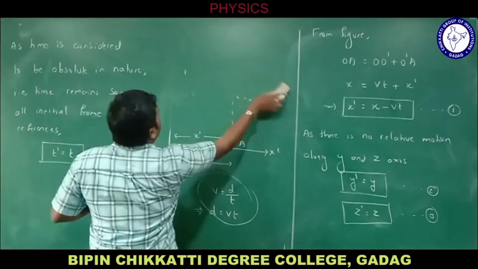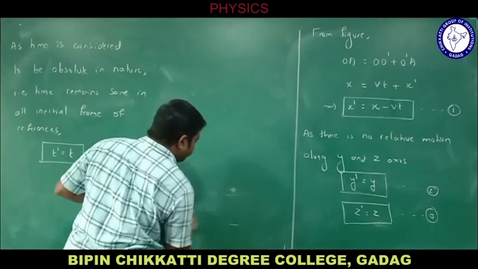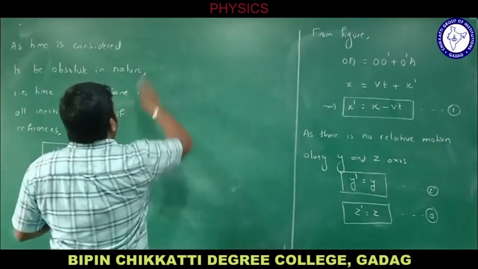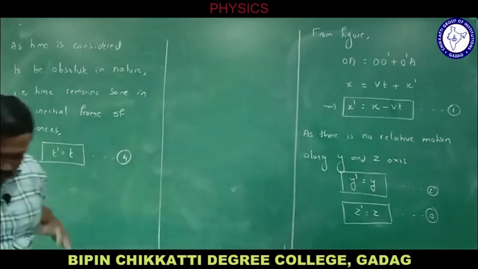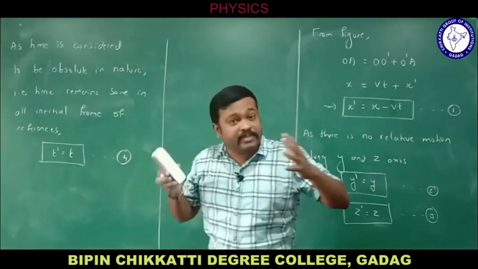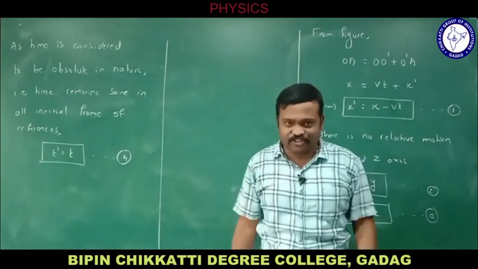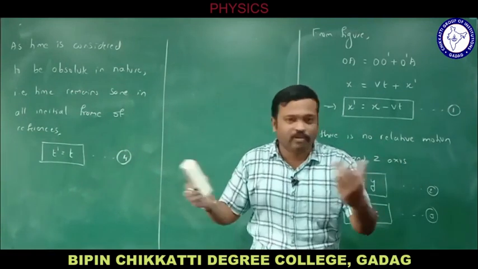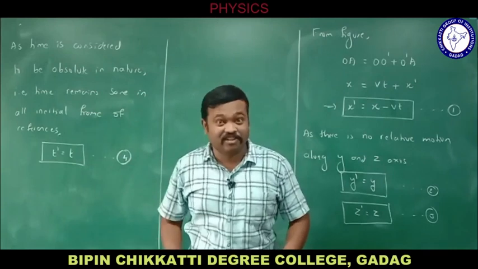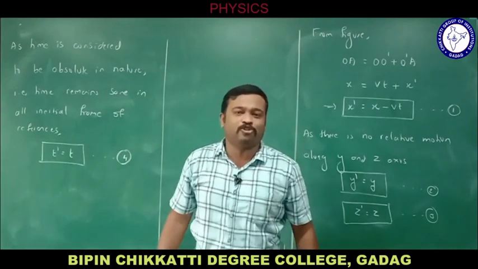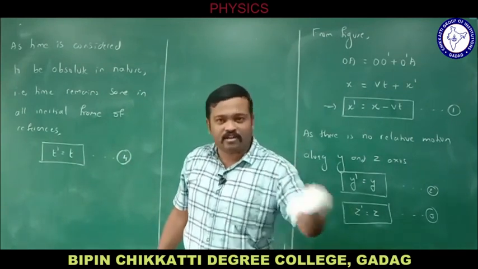If I am considering the relationship between the space-time coordinates, and as time is absolute in nature, the time will be the same in all inertial frames of reference. So t and t dash will both be equal, because time is absolute and invariant; it will not change with a change in inertial frame of reference.